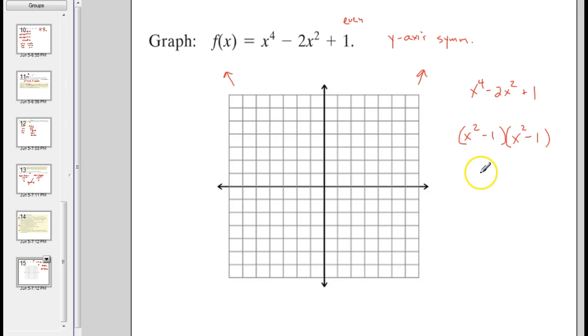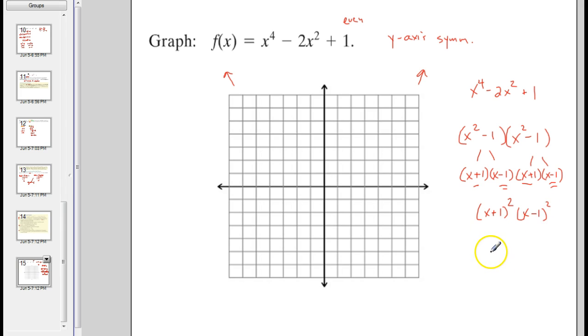So x squared minus 1 can be factored to x plus 1, x minus 1, and then the same thing for this, x plus 1, x minus 1. So I'm going to group the x plus 1's together, x plus 1 squared, and the x minus 1's together.